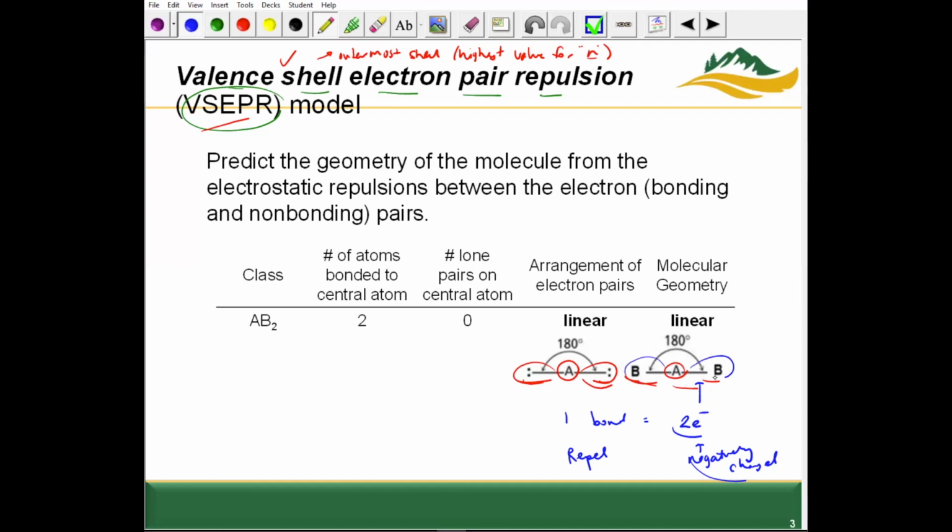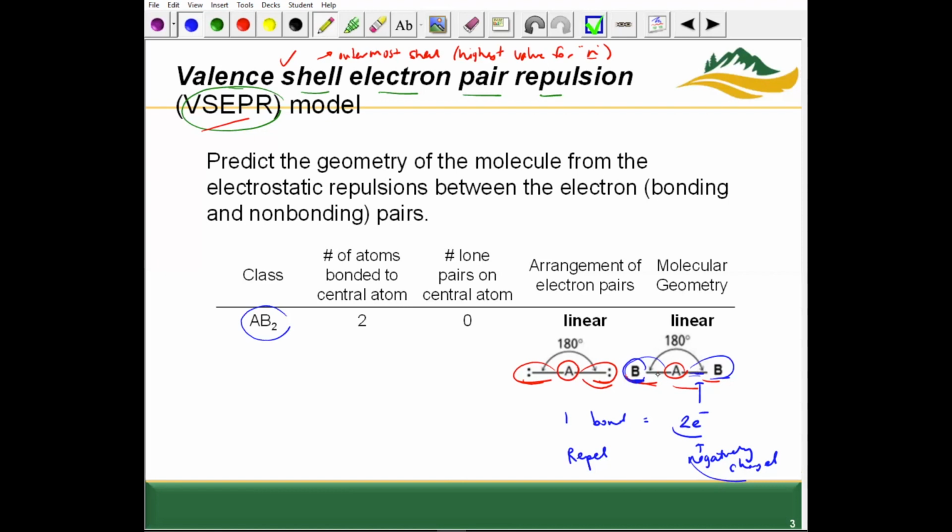So to fully spread out, this bond to B will be exactly 180 degrees away from this other bond to this second atom B. So the first atom B and then another atom B here. This formula all falls into AB2.